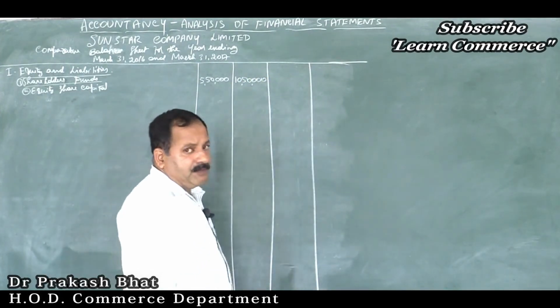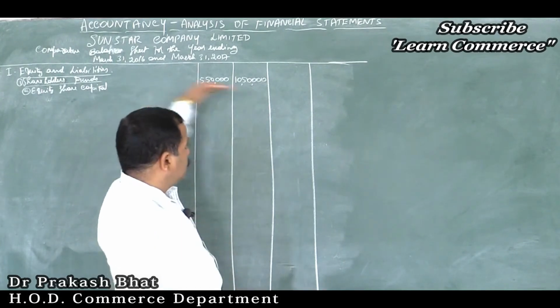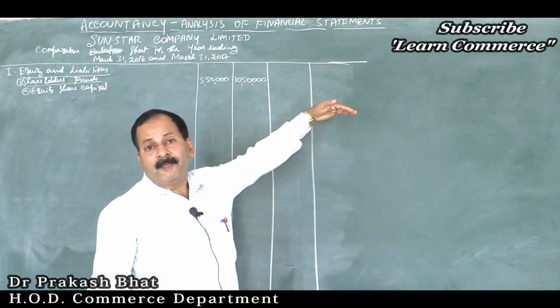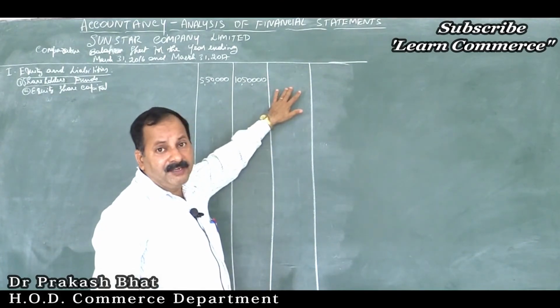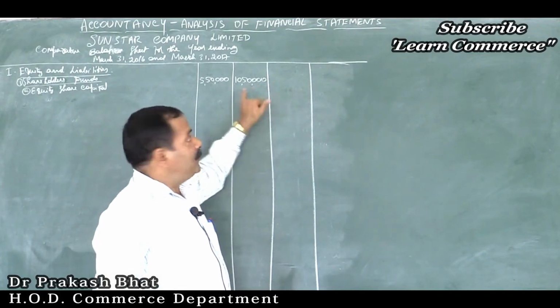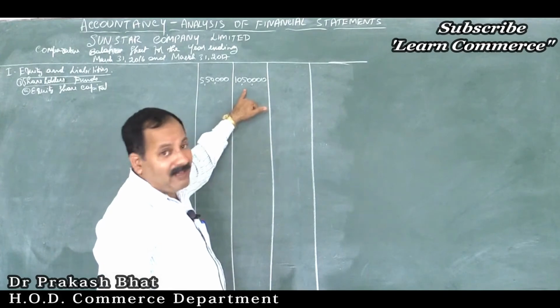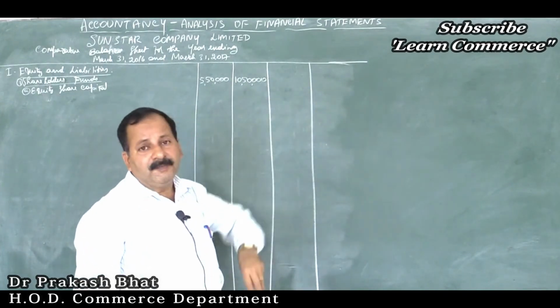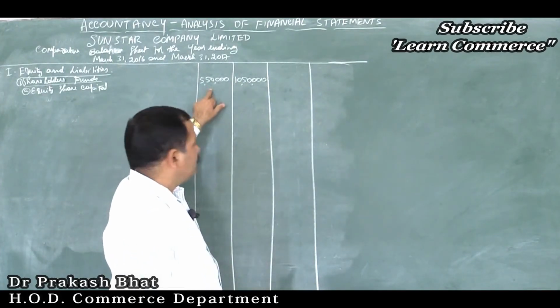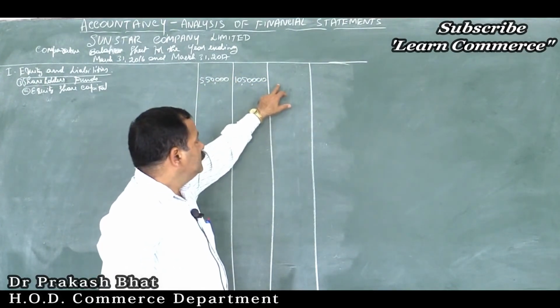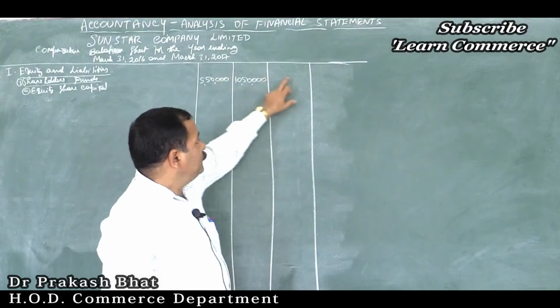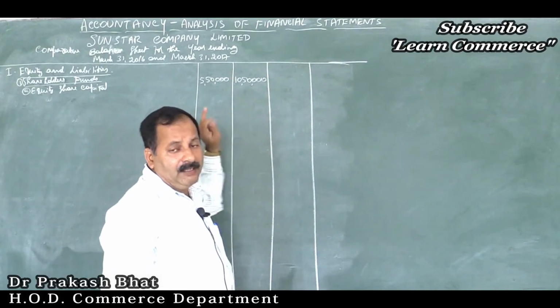Now what you have to do is go horizontally, horizontal analysis, comparative balance sheet, compare the figures and write increase or decrease. Compared to previous year there is an increase of rupees 5 lakh, so write it. And what is the percentage increase? For 5,50,000 there is an increase of 5 lakh; for 100, how much?